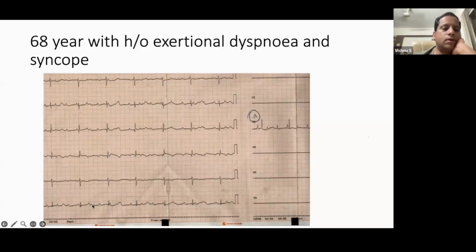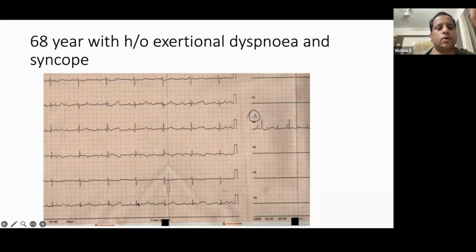So there is a fixed atrial rate of 150, a constant PP interval, and this RR interval is 6 squares, 6 squares. So the RR interval is also fixed. So regular PP, regular RR, and the P to R relation is not maintained.